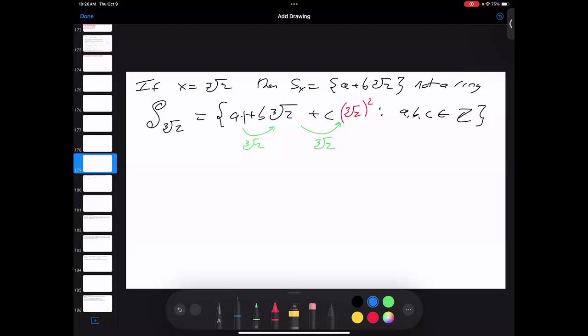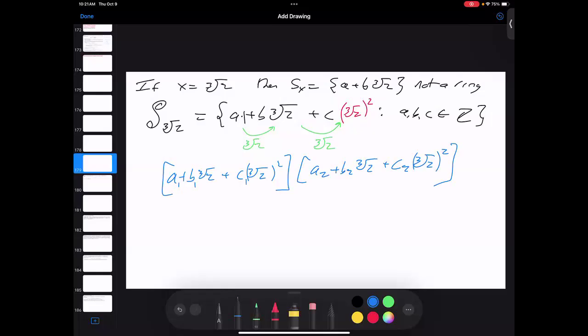And so now if you tried a1 plus b1 cube root of 2 plus c1 cube root of 2 squared, times a2 plus b2 cube root of 2 plus c2 cube root of 2 squared, do we think that that's also going to be of the form integer plus integer times cube root of 2 plus integer times cube root of 2 squared? Yeah, I could go through and do all the multiplications. I wouldn't be happy, but I could.